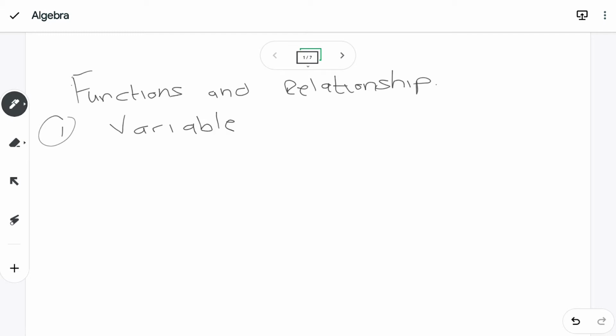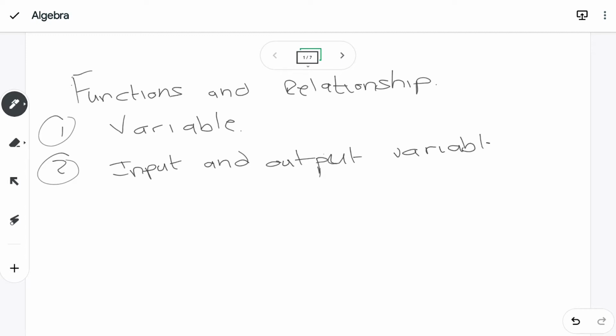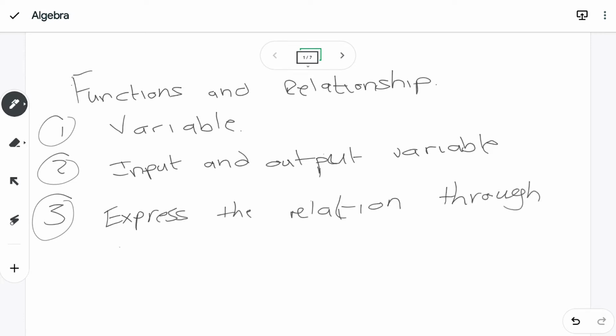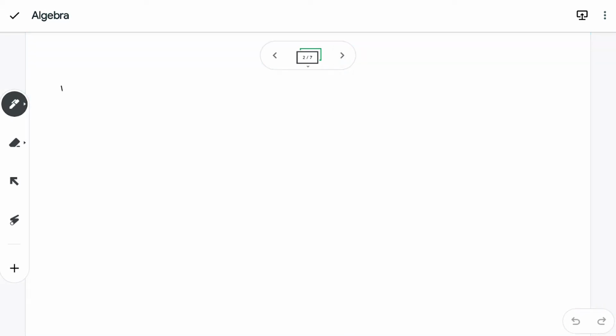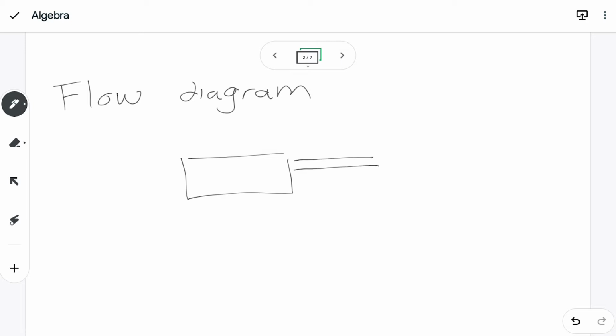In most cases, you have an input and an output variable, and one way of expressing the relationship was through a symbolic formula. What I mean by this, grade 8, is let's have a look at a flow diagram. We had a situation like this.